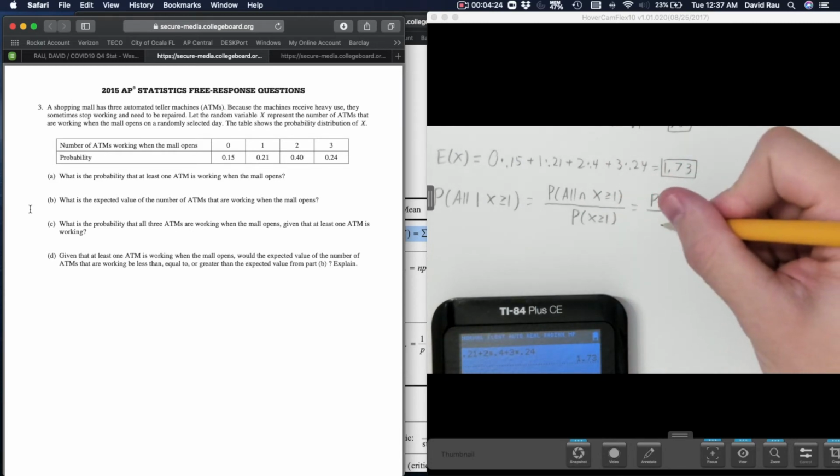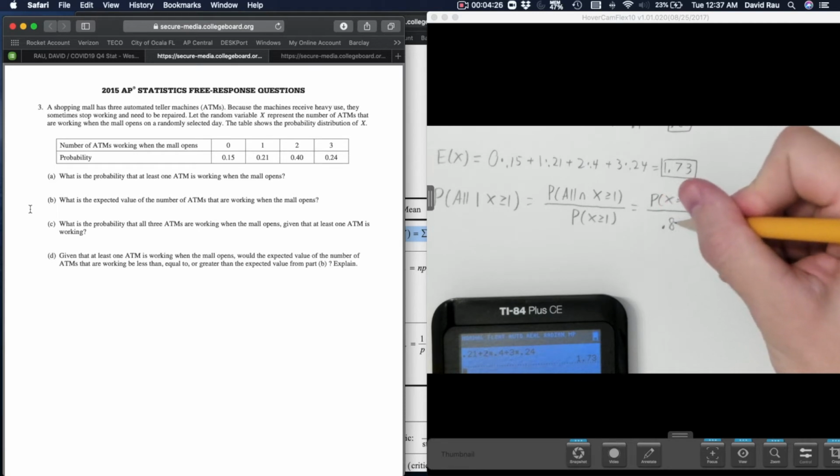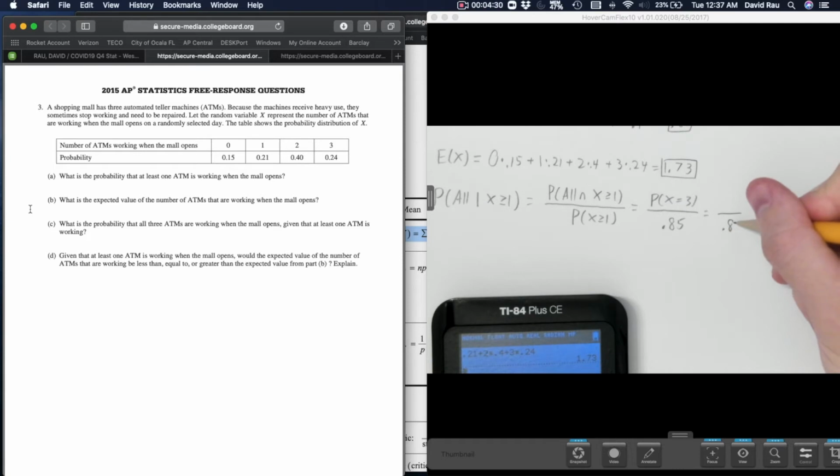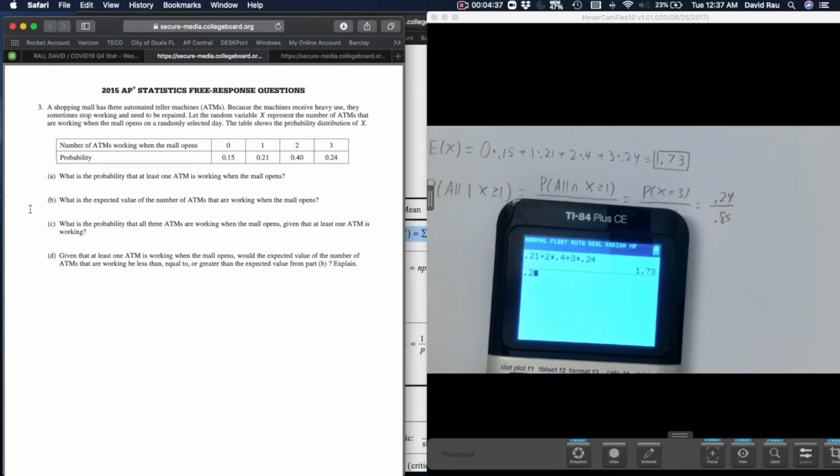And the probability of the given we already calculated in part A: it's 0.85. So now let's just divide those two things, and we'll round that to 3 or 4 places: 0.2824. Awesome.